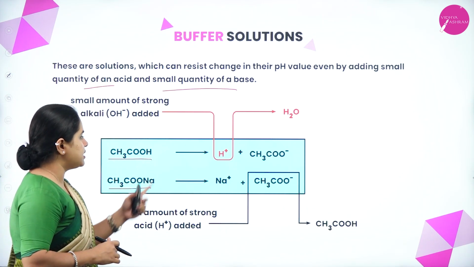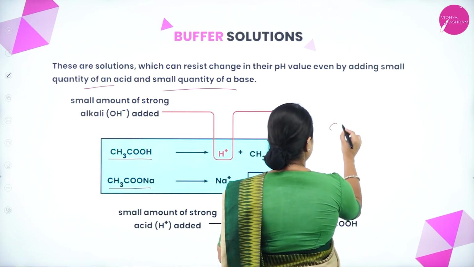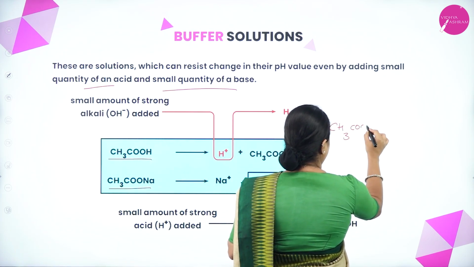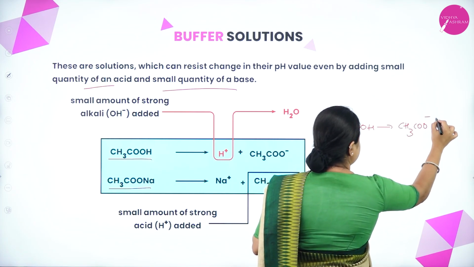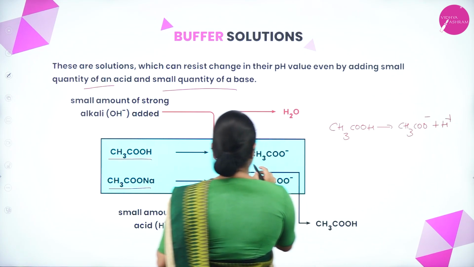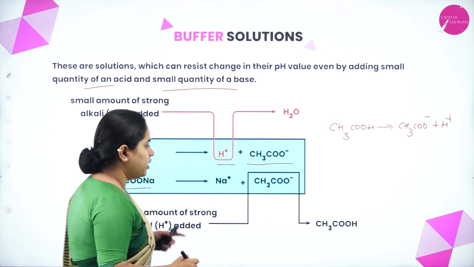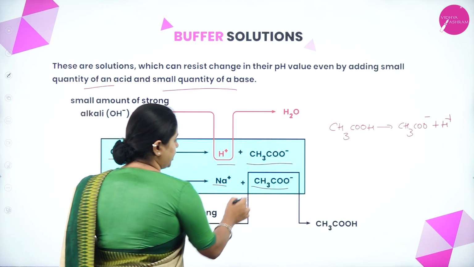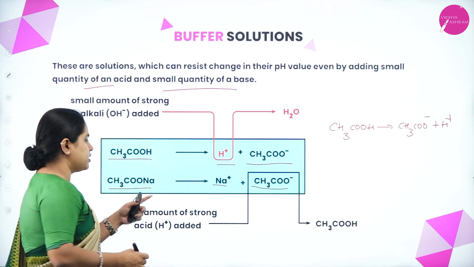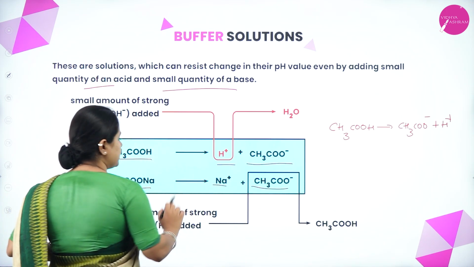Okay, so this acetic acid, what happens to this? How does it dissociate? Acetic acid CH3COOH dissociates into CH3COO minus and H plus, right? Now the salt, how does it dissociate? Into Na plus and CH3COO minus, right?